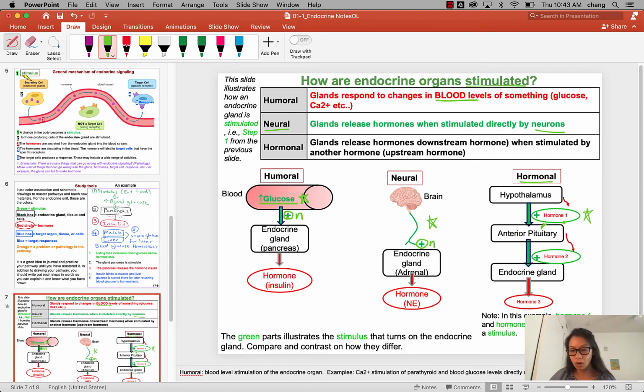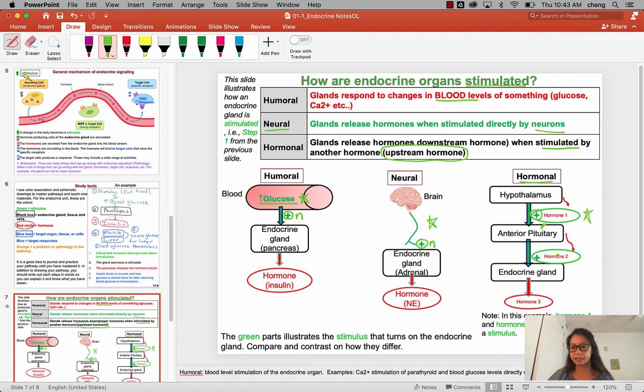So hormone 1 is actually functioning as a stimulus of the pituitary gland. In that definition, the gland releases a hormone downstream when stimulated by another hormone upstream. So the stimulus is an upstream hormone.